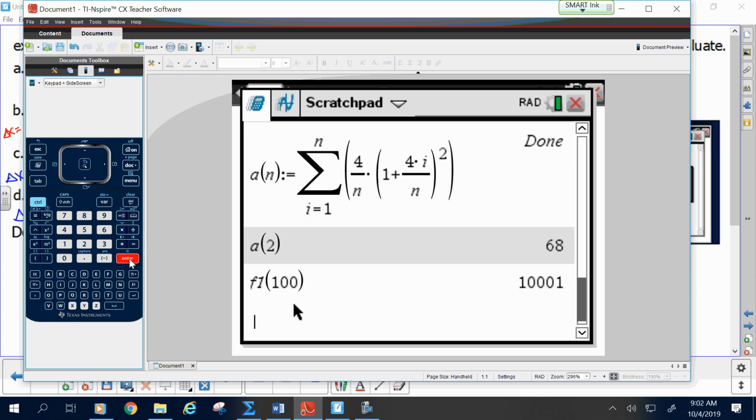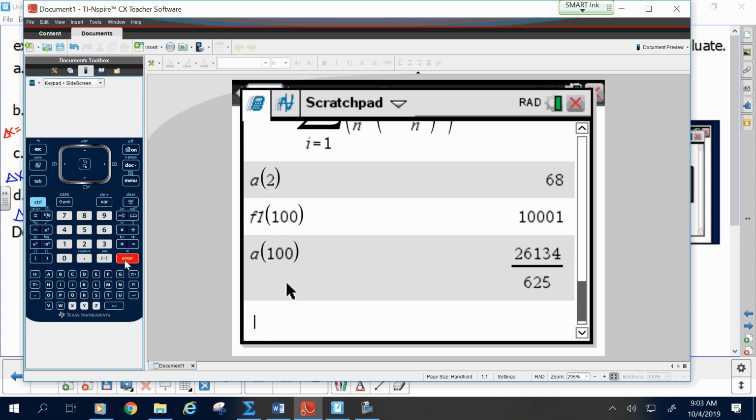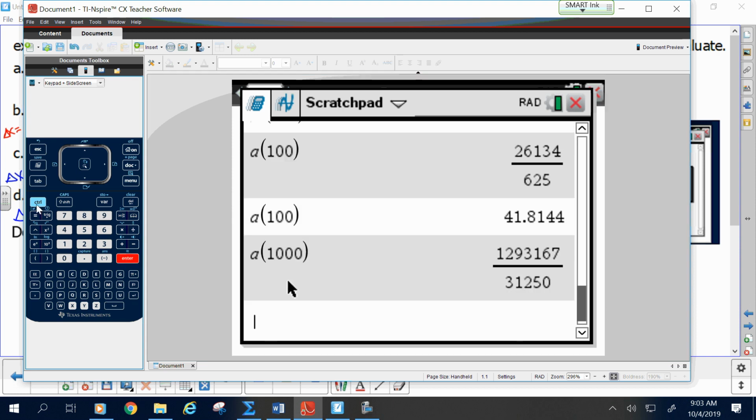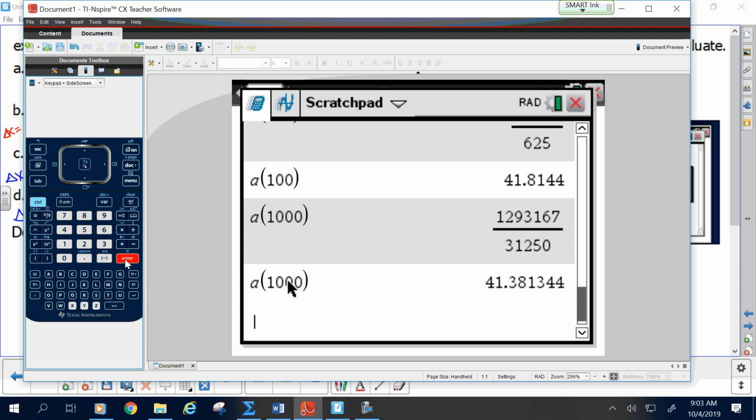100 rectangles is 48.8144. If you did 1,000 rectangles, you get 41.381.